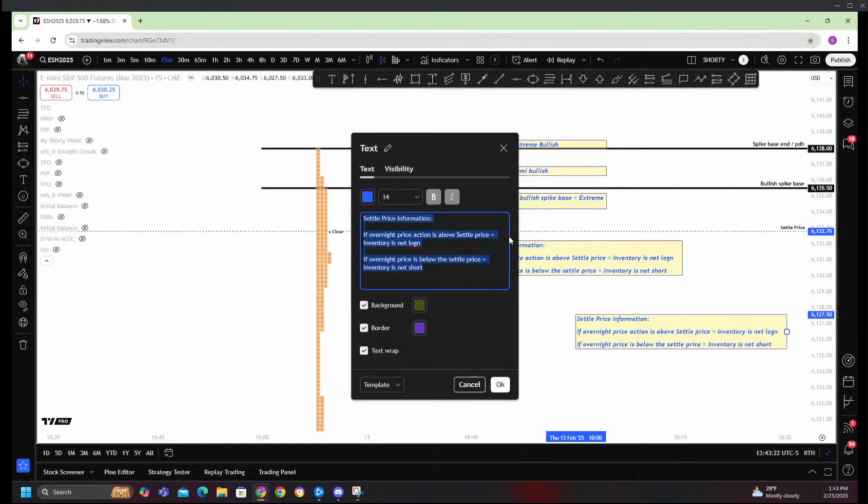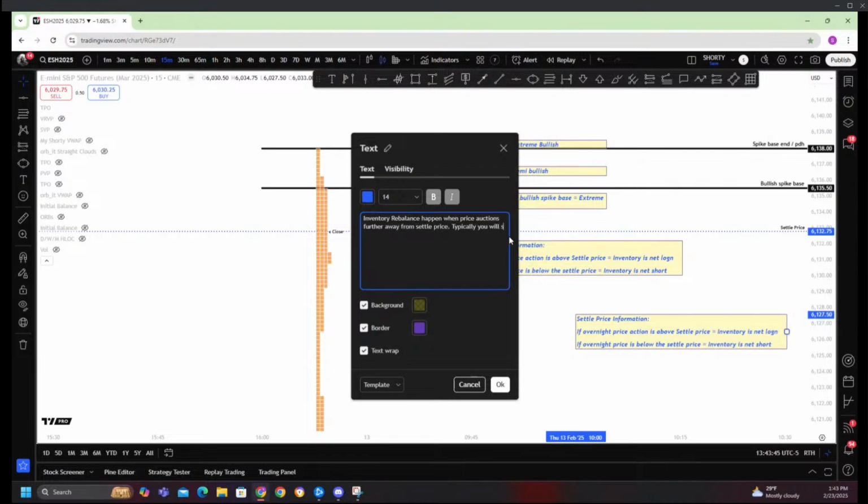No, they're going to dip and then buy it cheaper. Yeah, there's a high chance of inventory rebalance. Inventory rebalance happens when price auctions further away from the settle price.